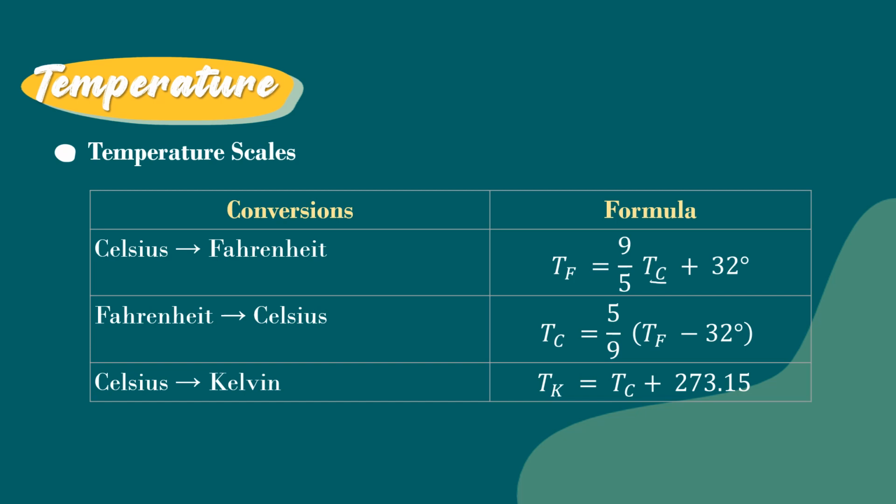Consider the first formula. The given fraction here is 9/5. This is actually from the ratio of the temperature difference between the freezing and boiling point from the previous slide, which for degrees Fahrenheit is 180 degrees Fahrenheit. On the other hand, for Celsius, it's only 100 degrees Celsius. If we get its lowest terms, that's just 9:5.